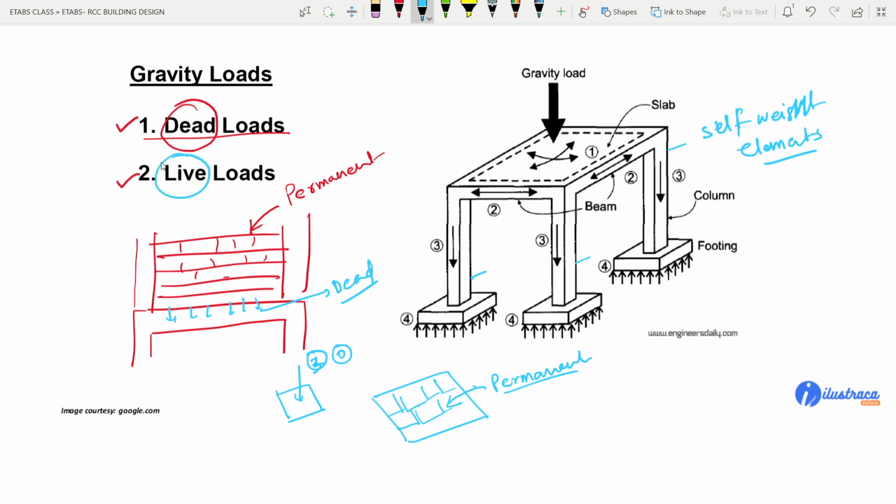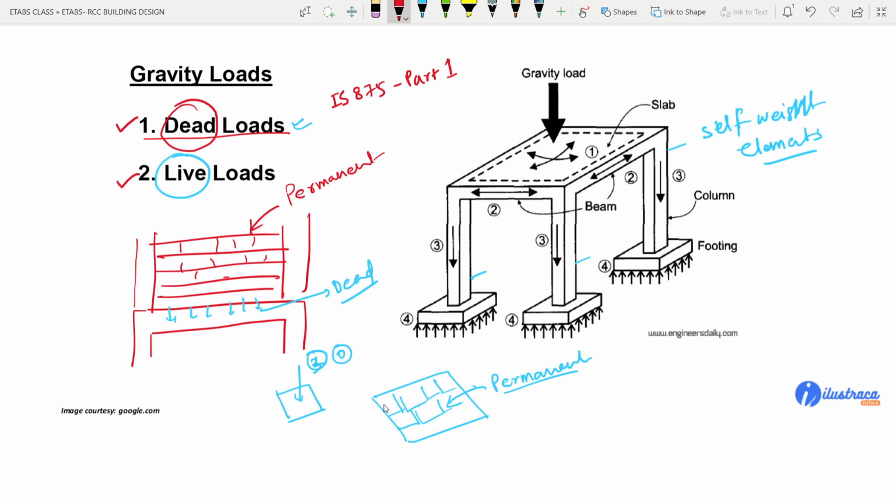Okay, now this dead load, to find out the dead load, we have a code which is IS 875 part 1. In this code, they have given the unit weights of the materials that we'll be using.